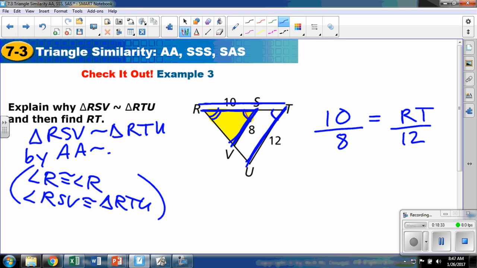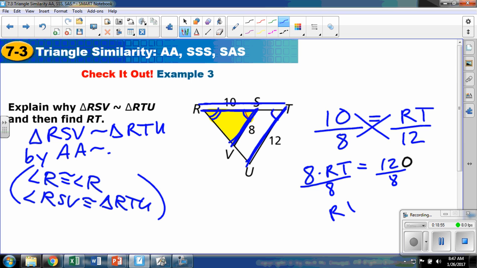We can build a proportion based on those matching pieces, and of course we know how to solve these. I'm going to choose to cross multiply, so 8 times RT, 12 times 10 is 120. Dividing out by 8 tells us the total length RT is 15. And that's precisely what we were asked to do. Find the length of RT. We've got it.